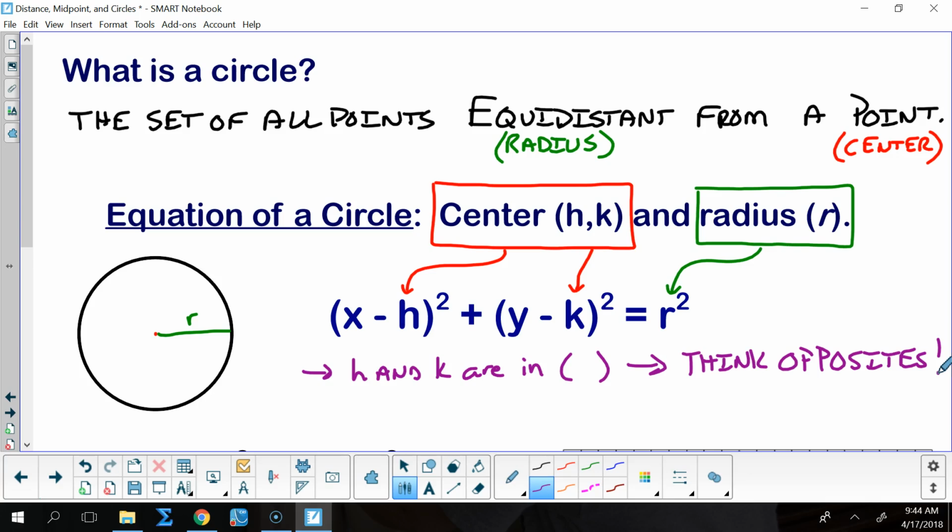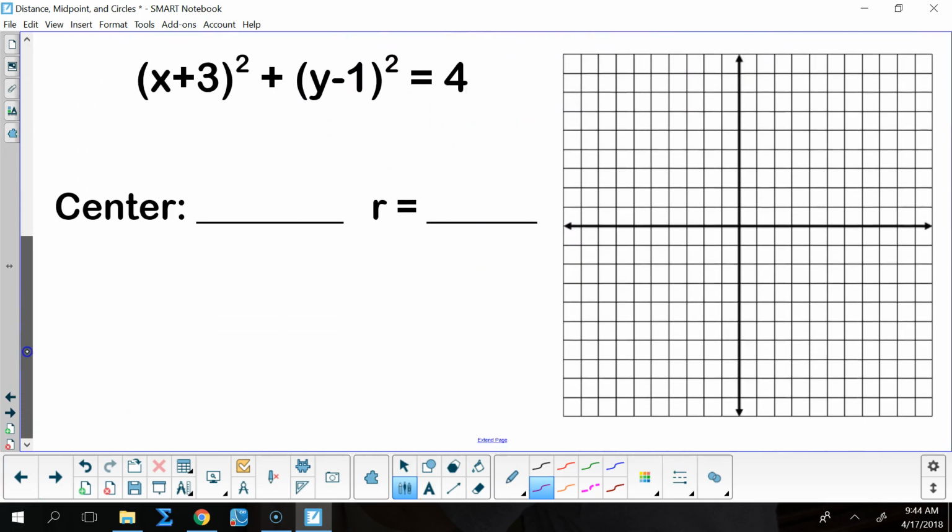So, here is an equation of a circle. x plus 3 quantity squared plus y minus 1 quantity squared equals 4. From that, I can say that this is the h part of my center, correct?